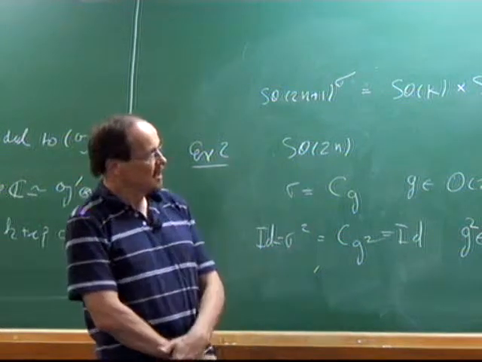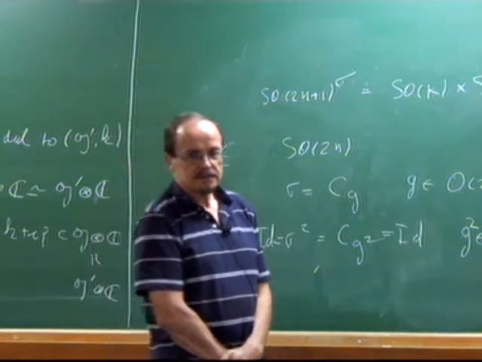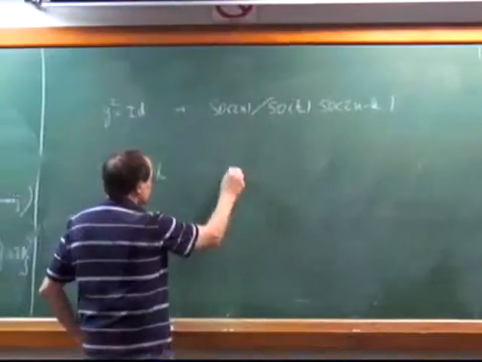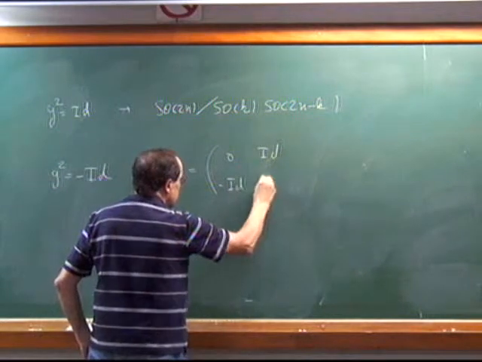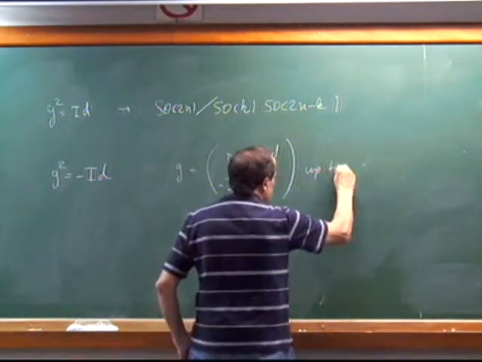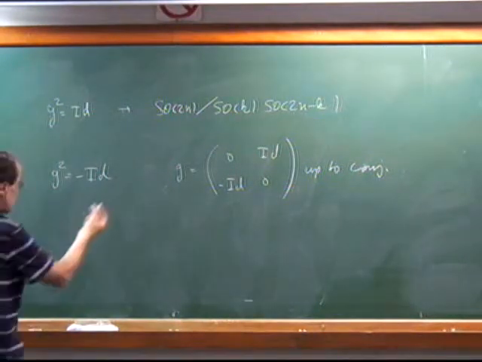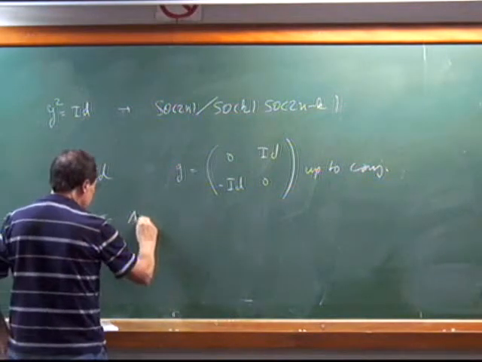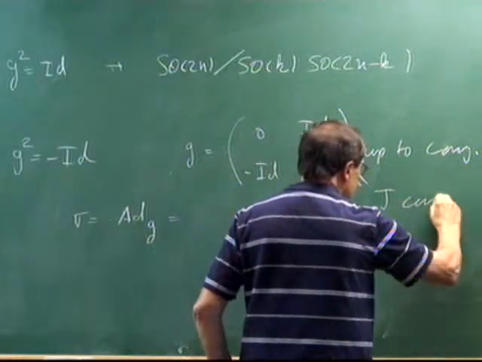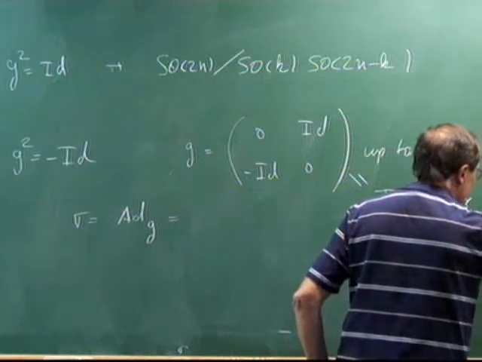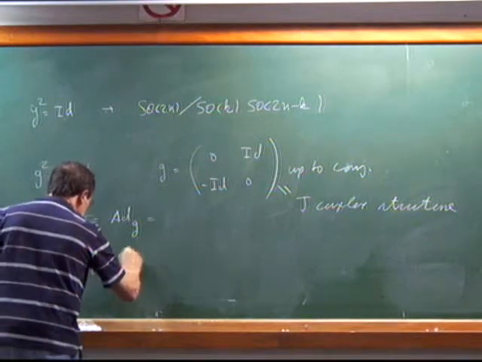An orthogonal complex structure, so it's a normal form up to conjugacy. So now my automorphism is conjugation by this sigma. Let's think of this as a complex structure. So what's the fixed point set of SO(2n) under this automorphism sigma?